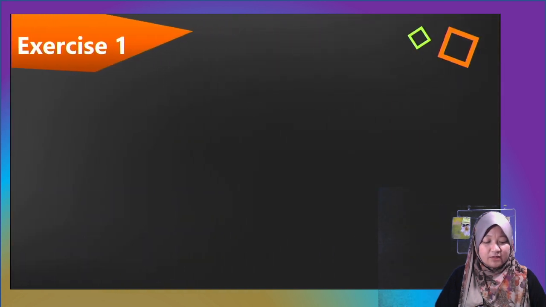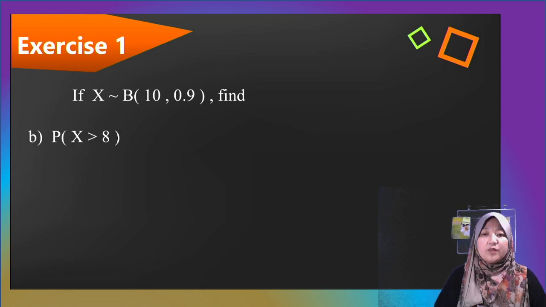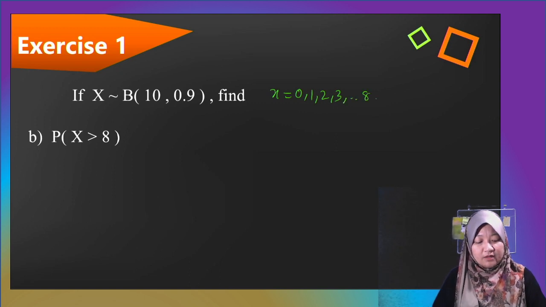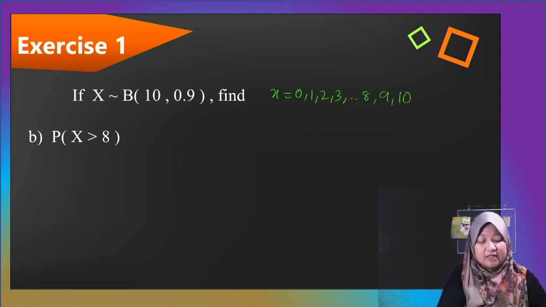Okay, next, find the probability x greater than 8. So x is 0, 1, 2, 3 until 8, 9, 10. So x greater than 8.